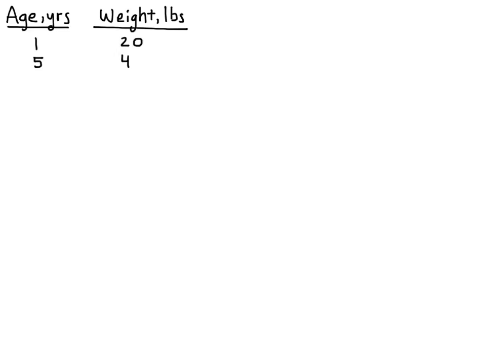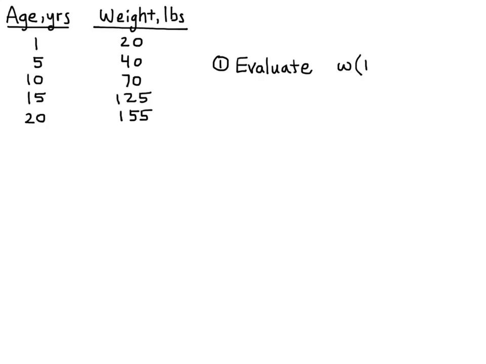Okay, let me make a quick table here of a relationship between age and weight. When I say W at A is the function of weight as a function of age, W at 10 would represent what? Yeah, weight at 10 would be the interpretation, and so what would that be then?